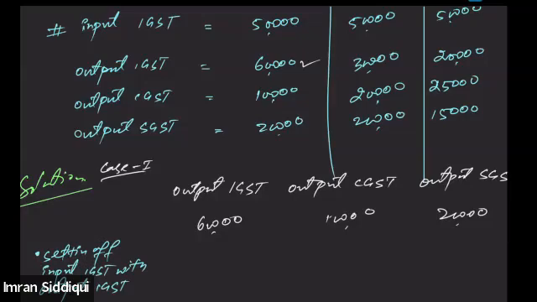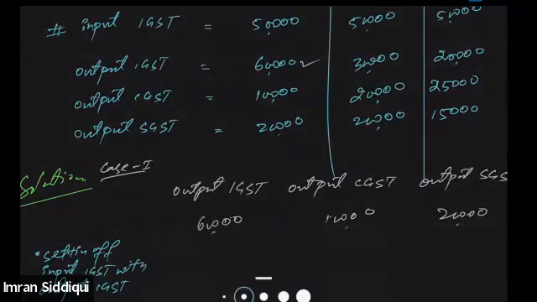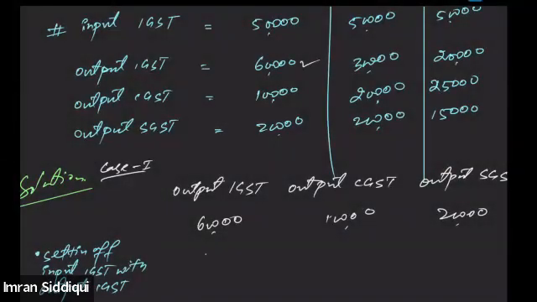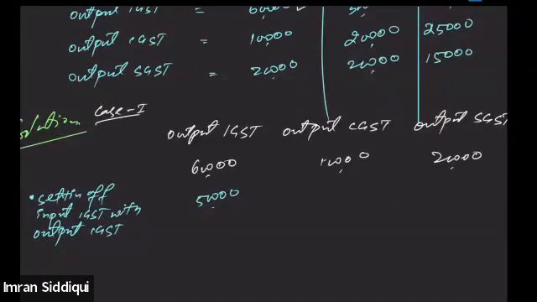We have input IGST of 50,000. Do we have a sufficient amount of output IGST available to set off the input IGST? Answer is yes. We have output IGST available, 60,000. That means we have collected 60,000 and we paid 50,000.